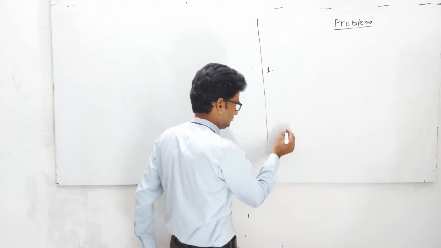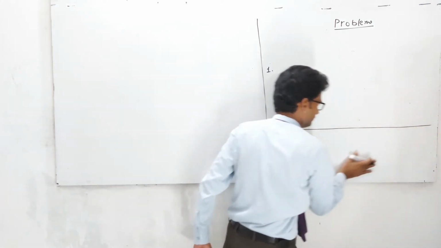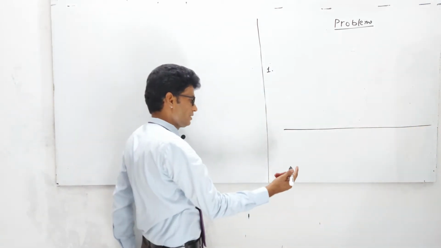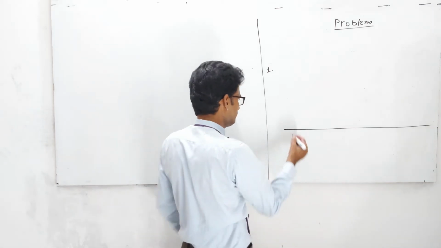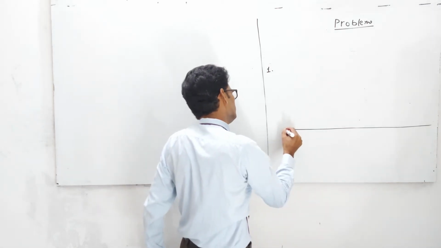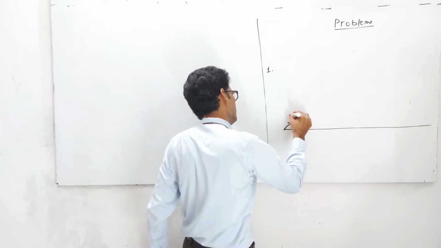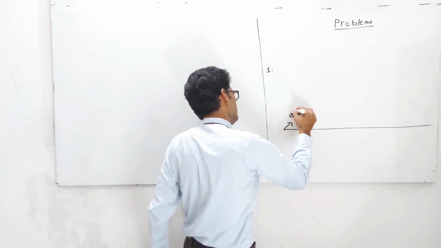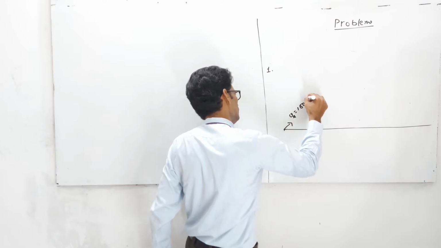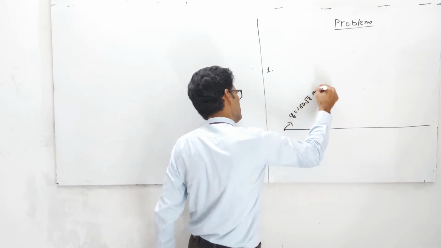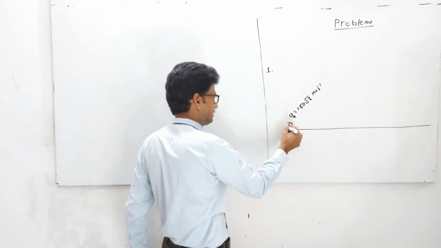Look at here. So this is the horizontal, this is the vertical plane. Say plane A headed in this direction, say with the speed VA 100 root 3 meter per second at 30 degree.